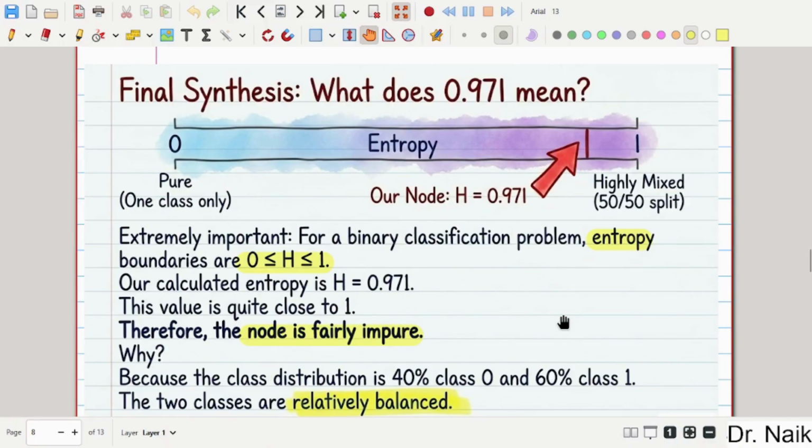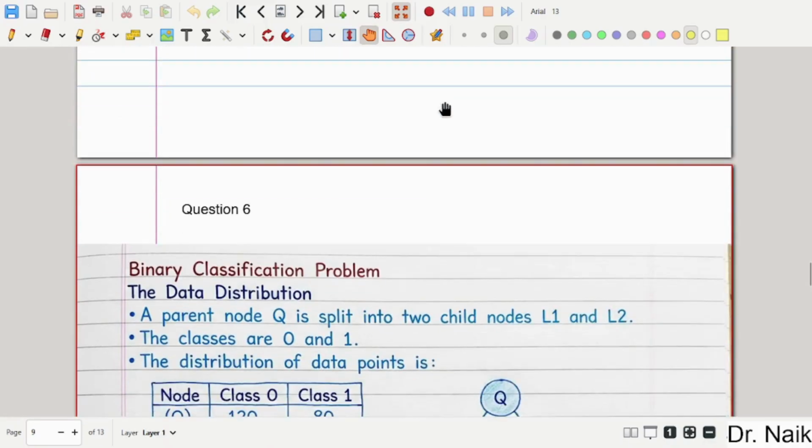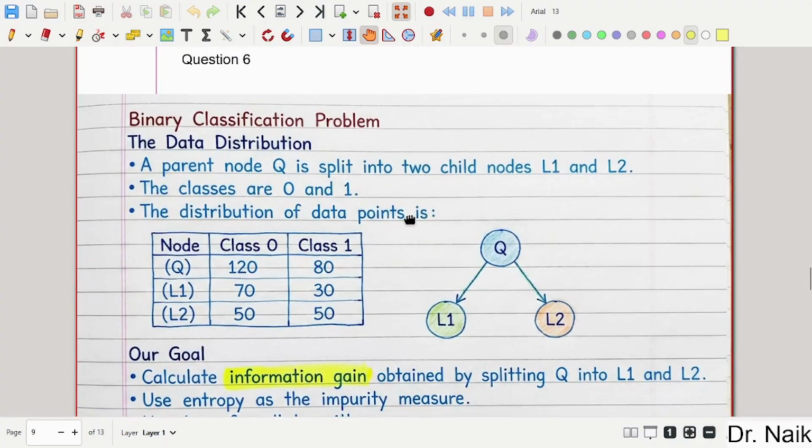This means highly mixed. Now let us understand question number 6, which is also based on decision trees. The data given to us is that the parent node Q is split into two child nodes, L1 and L2. The classes are 0 and 1.